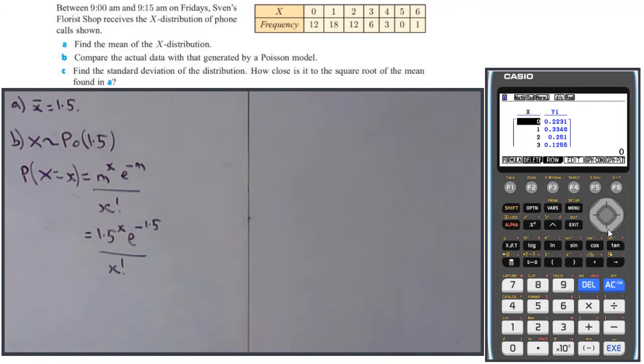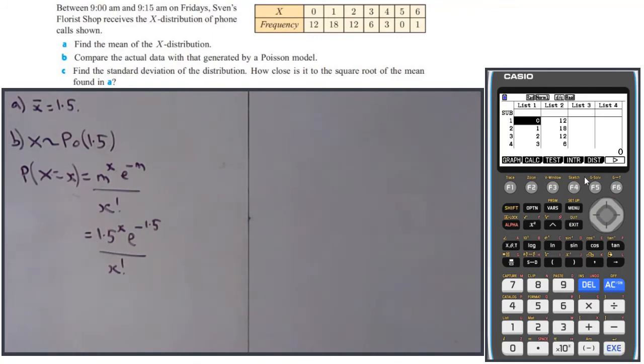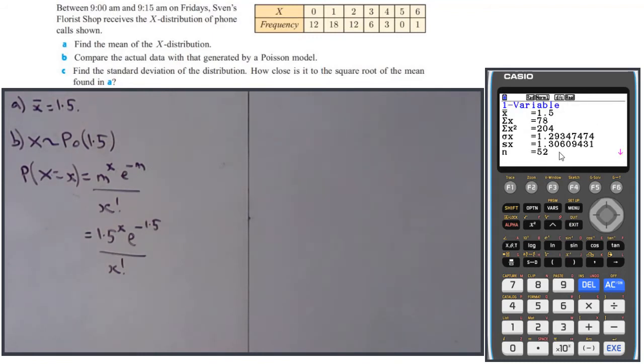Now, to scale those up into frequencies, if I go back to my stats mode and my calculations, calc 1 var, it tells me that n is 52. I could have added these up. So n is 52, the total frequency.